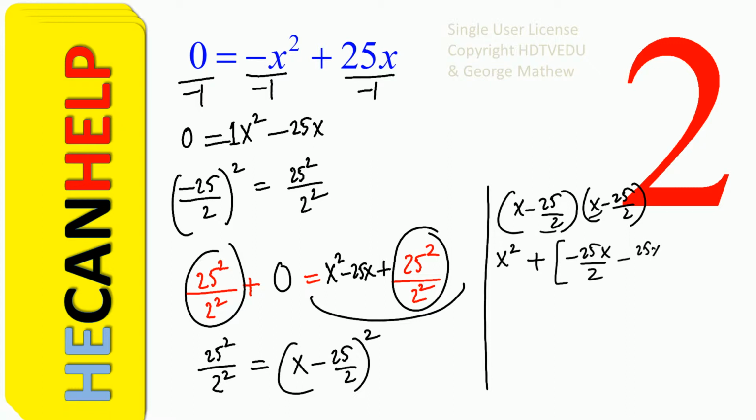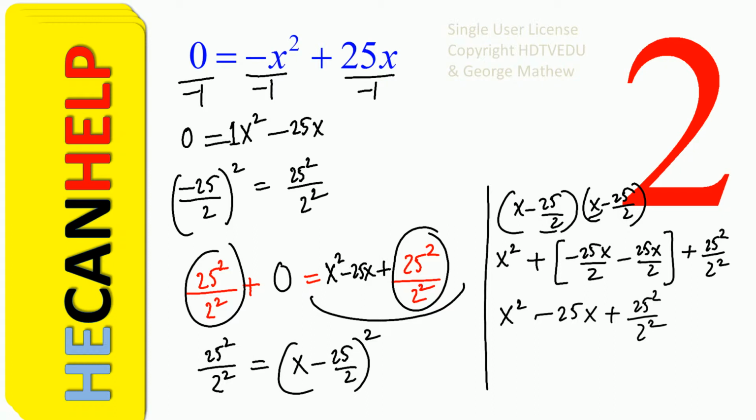Negative 25x over 2. And then what is last times last? 25 squared over 2 squared. This is nothing but x squared minus 25x plus 25 squared over 2 squared. So that is correct. The right side is x minus 25 over 2 whole squared.